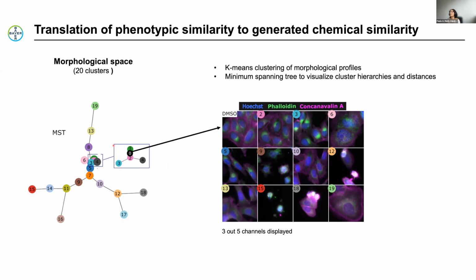What is important to note from this figure is that we selected cluster 0 as the cluster for DMSO controls, so cells that were not treated with any compound, the healthy or untouched phenotype. We then numbered all the other clusters by increasing distance to this inactive cluster. That means that the higher the number, the more distant the cluster is from the inactive DMSO phenotype.